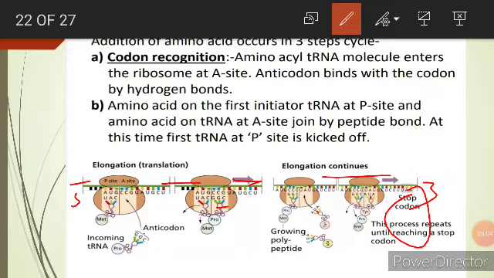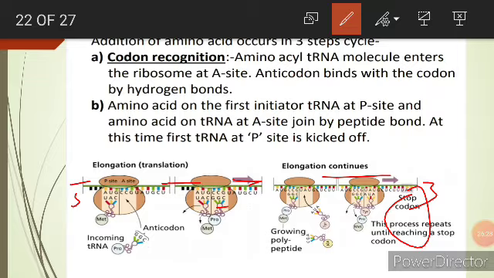Simultaneously, the tRNA which was carrying the first amino acid is empty now, so it will be released from AUG and it is going to exit.